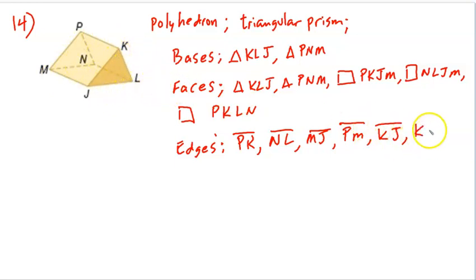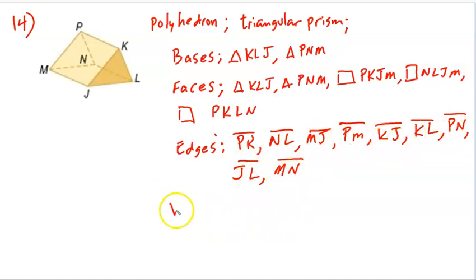We could go KL and PN. Then these two down here on the bottom, JL and MN. 2, 3, 4, 5, 6, 7, 8, 9.